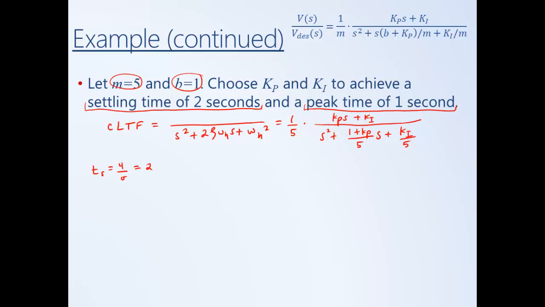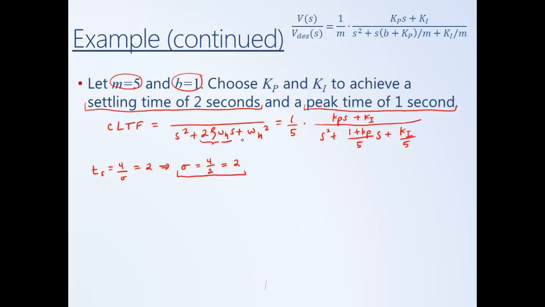But these calculations will serve as a good starting point for our tuning. So if I solve for sigma, I can multiply sigma to the right hand side, divide through by 2. I get that sigma equals 4 divided by 2. So we desire that sigma equals 2.